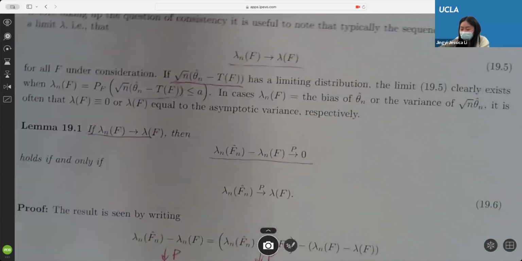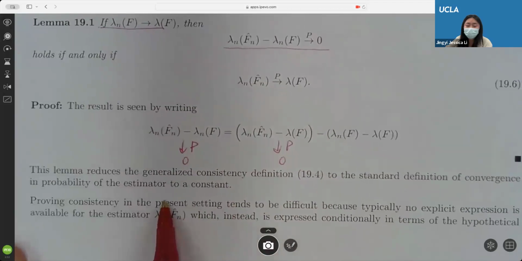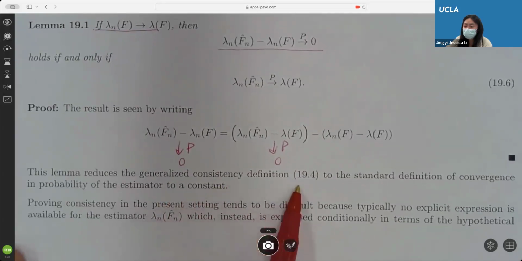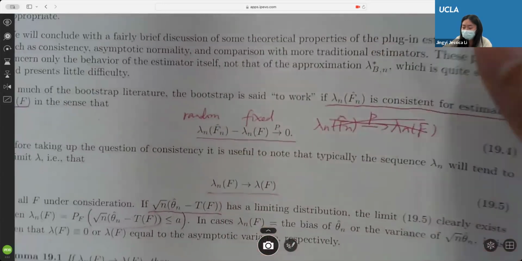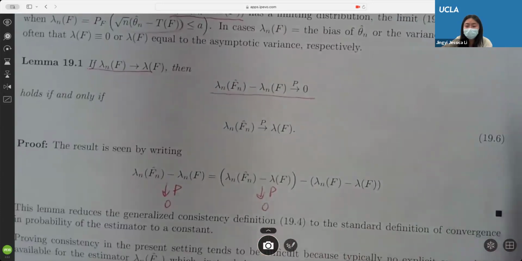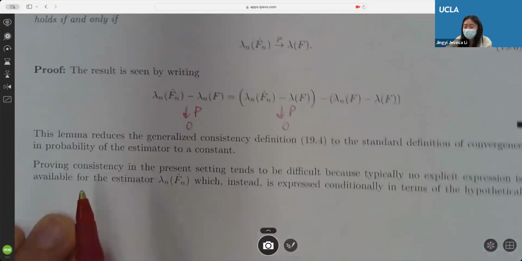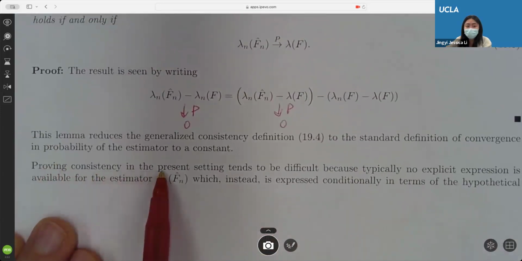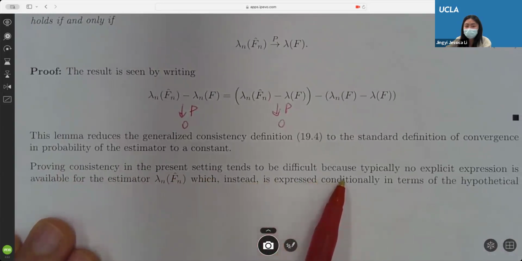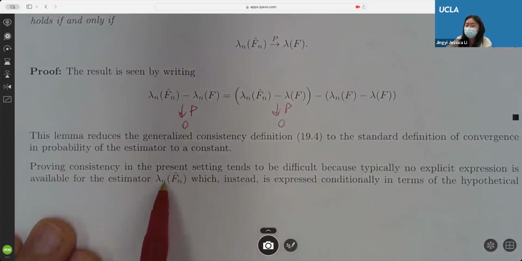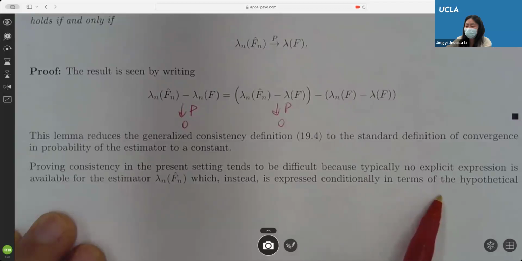Let's continue. This lemma reduces the generalized consistency definition, which is this difference converging to zero in probability, to the standard definition of convergence in probability of the estimator to a constant. Proving consistency in the present setting tends to be difficult because typically no explicit expression is available for the plug-in estimator, which is instead expressed conditionally in terms of the hypothetical variables, right?